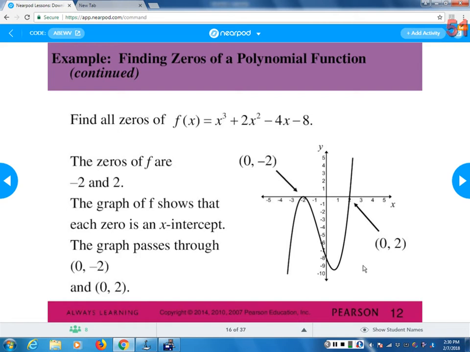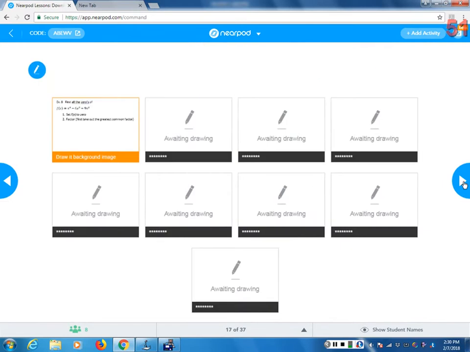Okay, so we found the end behavior. Now we're talking about the behavior in the middle with the zeros. Okay? And now I had to draw it in here, if you would like, or we can skip the drawing and I'll just do the example.